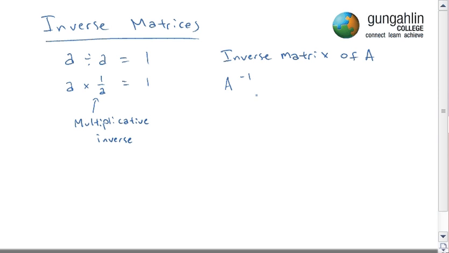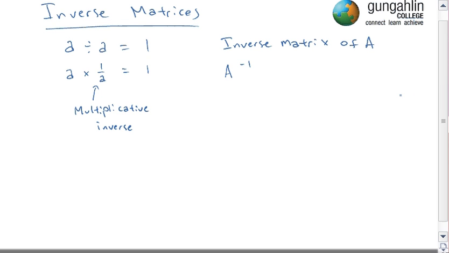So what properties should the inverse of A have? So just like this one over here, A times 1 over A, when we have the matrix A and we multiply by its inverse, well, it can't be equal to 1, right? Because it's two matrices.